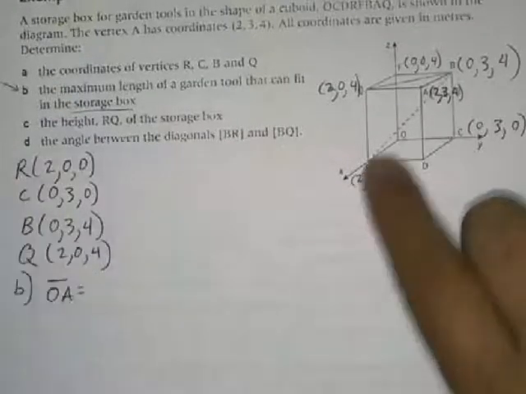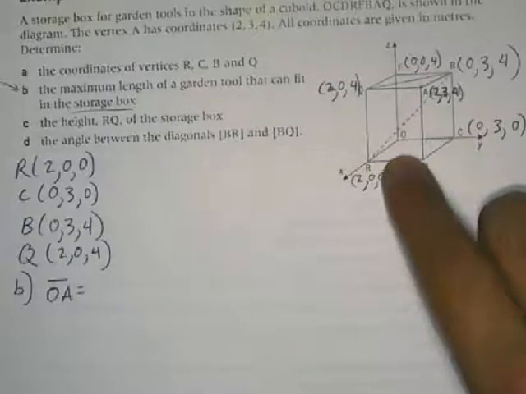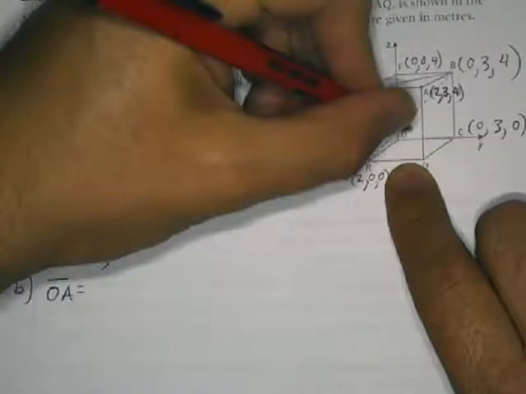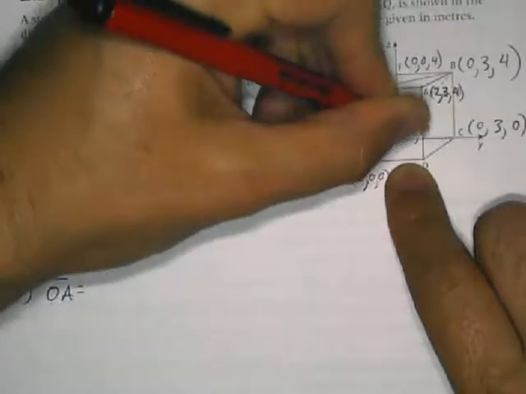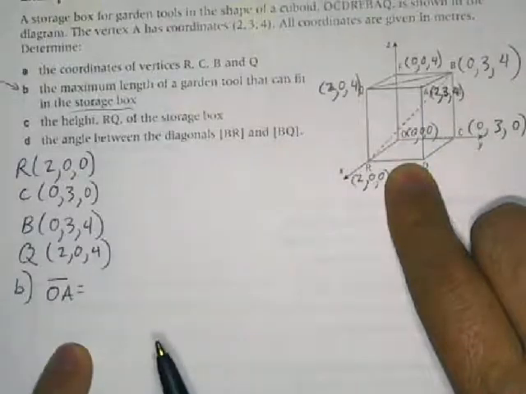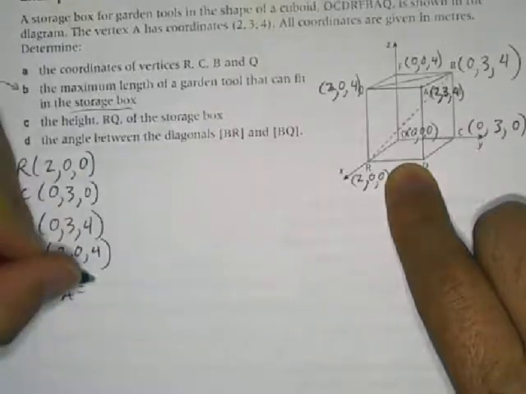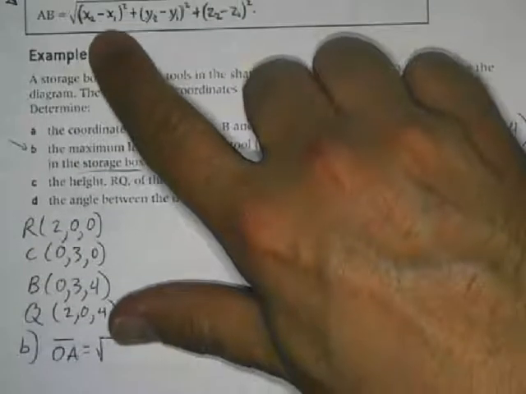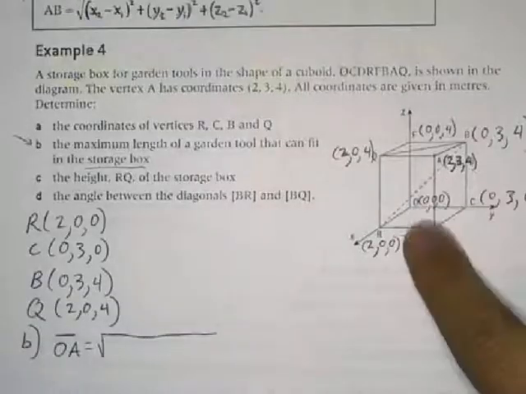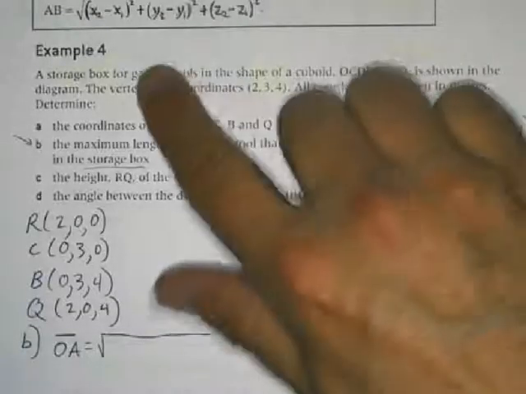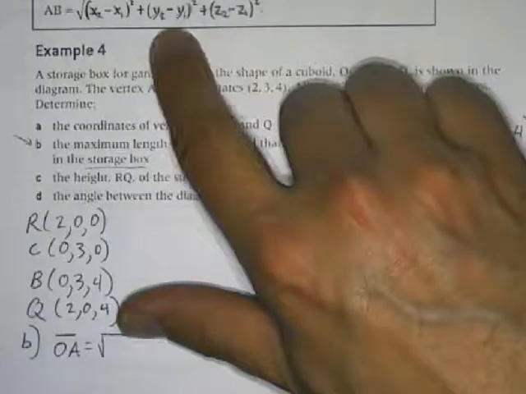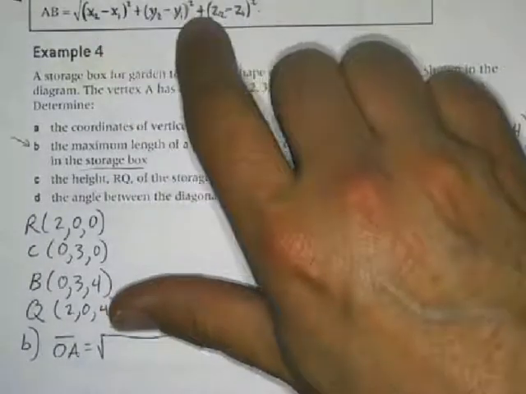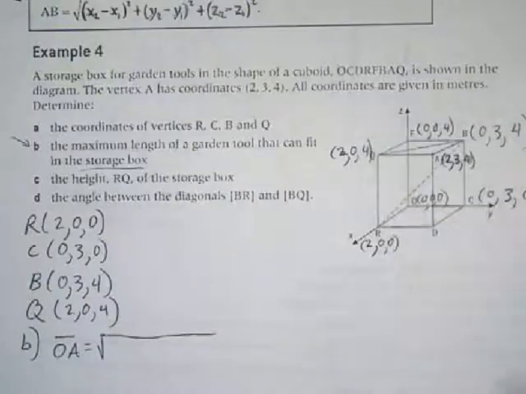Because it's the diagonal across the box. So we know that O is 0, 0, 0. So from O to A, following this formula, since O is 0, 0, 0, we're just going to have x squared plus y squared plus z squared, where x1, y1, z1 is 0, 0, 0.